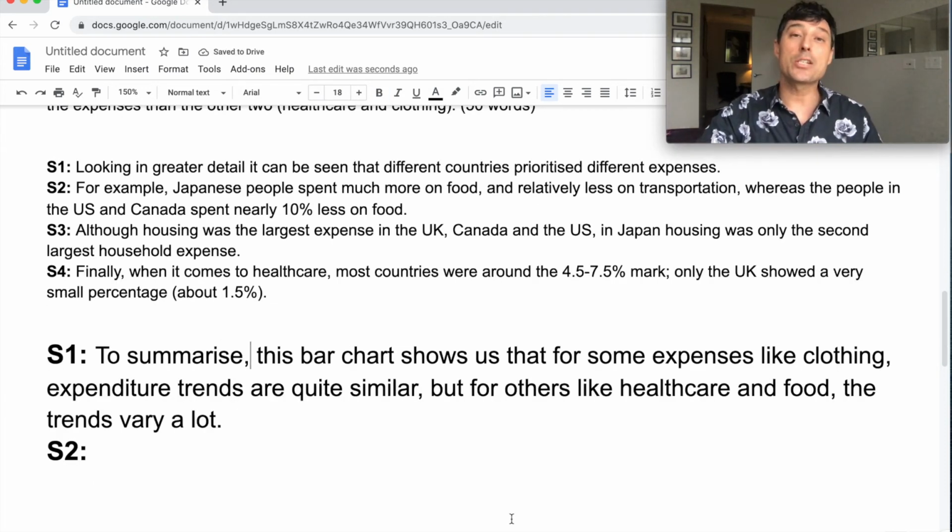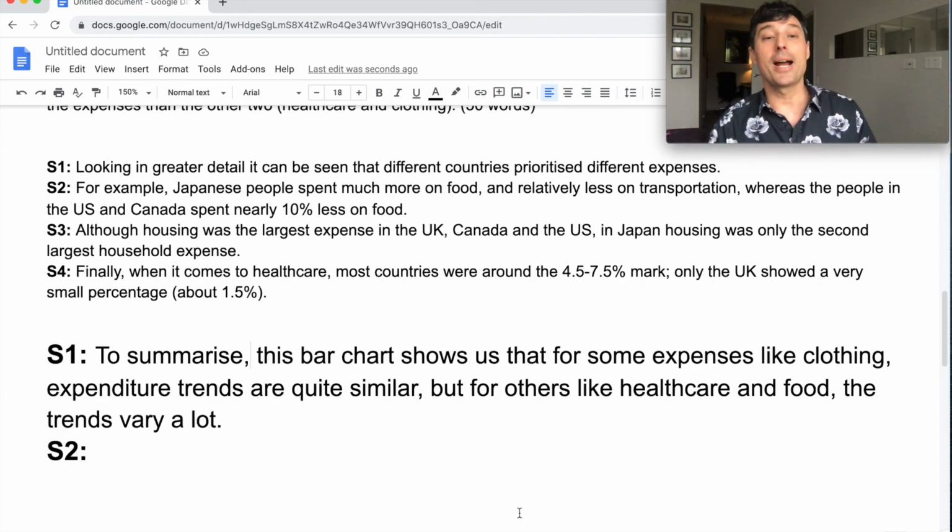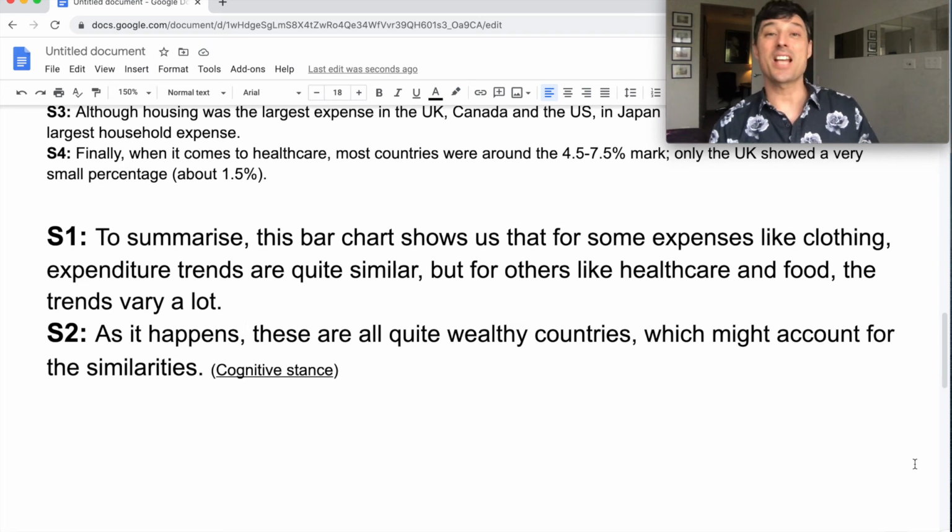So here's my S1 of the summary. To summarize, this bar chart shows us that for some expenses like clothing, expenditure trends are quite similar, but for others like healthcare and food, the trends vary a lot. So for my final sentence, I've said this. As it happens, these are all quite wealthy countries, which might account for the similarities.